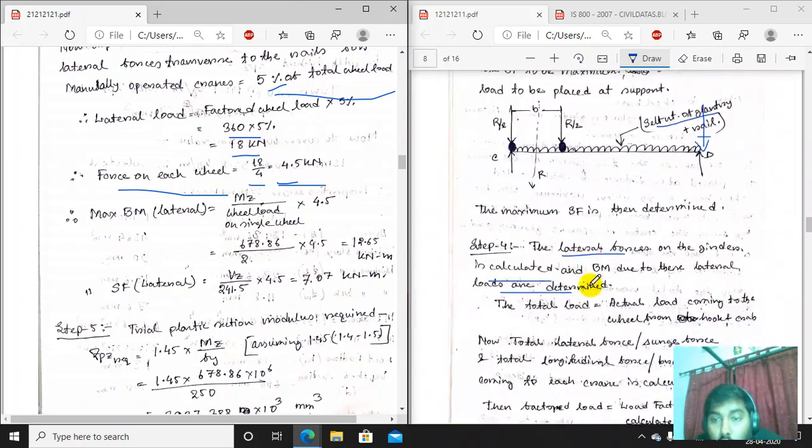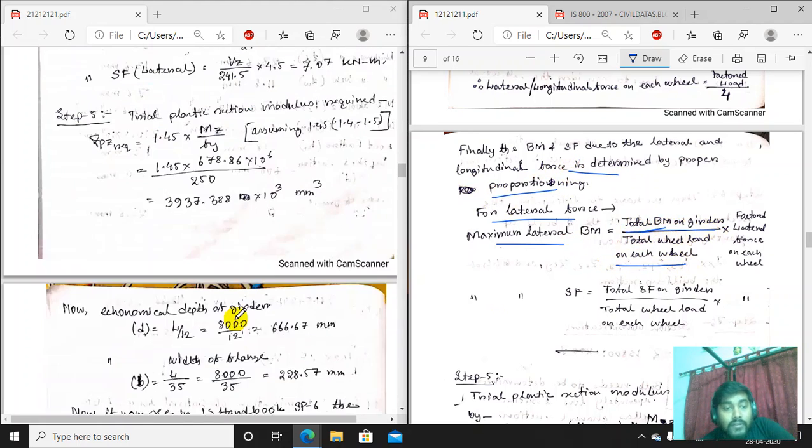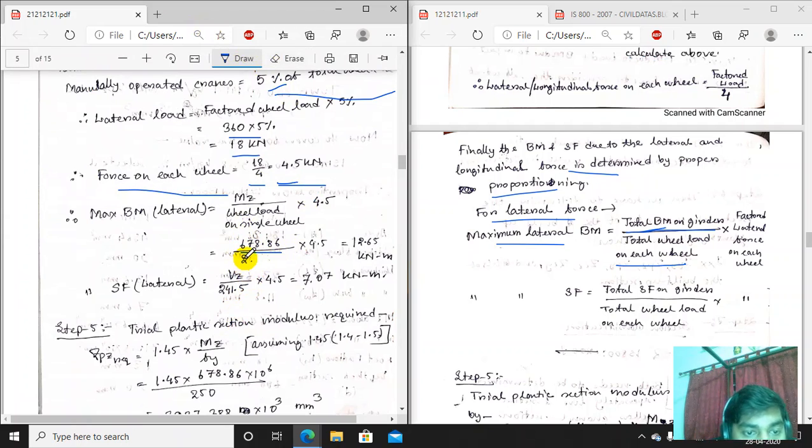So let us go to that picture. How do we determine the maximum bending moment? The total bending moment on the girder by proportioning. I have told you what proportioning is. Maximum total bending moment on the girder, because total wheel load on each wheel. Putting all the values here, 678.86 divided by 241. Here there will be one mistake.